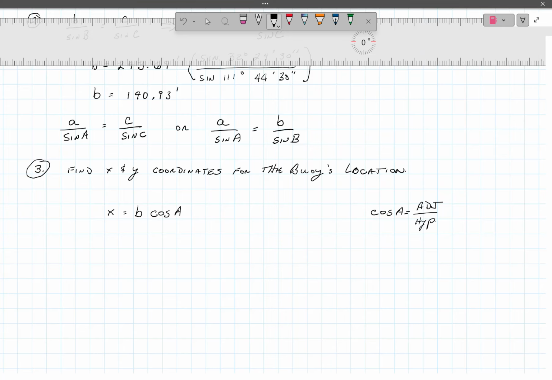Okay, and what we need to find is the distance along the x-axis, so that's going to be our adjacent side. So this will be the x-axis coordinate.